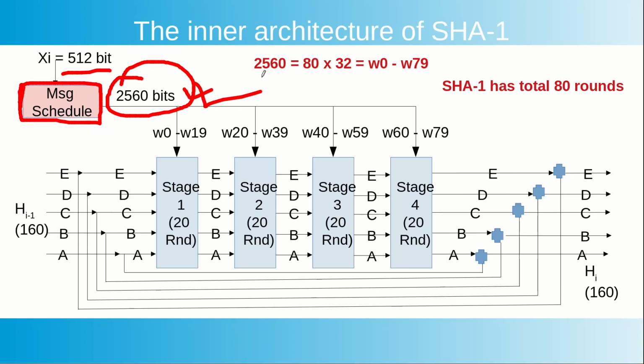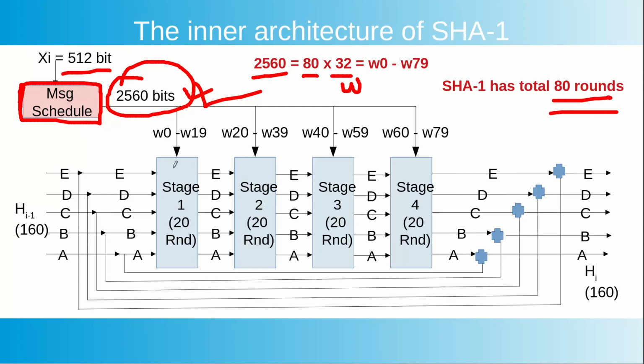This is important. So, this 512 bit we will somehow expand to 2560 bit, and recall this 2560 bit is essentially equal to 80 into 32, and 32 is our word size and 80 is our number of rounds.